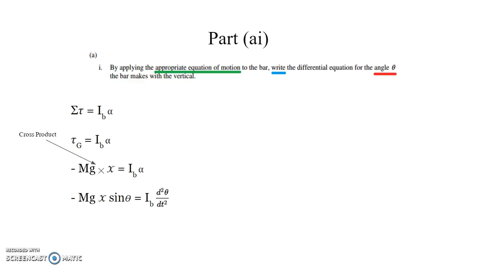This was given in the problem as x, a given quantity, which is why we want to make sure we underline it. And then finally, we multiply both of those by the sine of the angle between the line we measure distance along and the line of the force. In this case, since we are using theta, it is going to be sine theta. So when we multiply these three things together, we can set it equal to the rotational inertia times the angular acceleration.